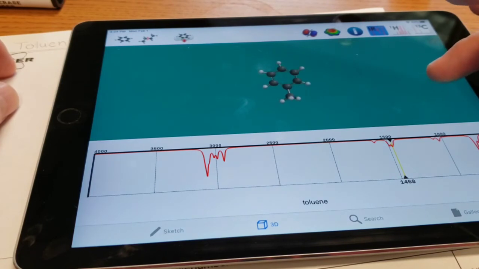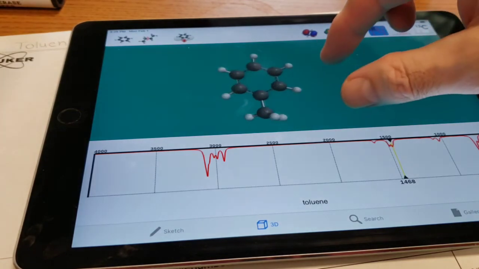Numbers given in correlation tables and in software do not necessarily represent exactly what you will see in your spectrum, because your spectrum is real life, and the software and the correlation tables are collected data or simulations of data.